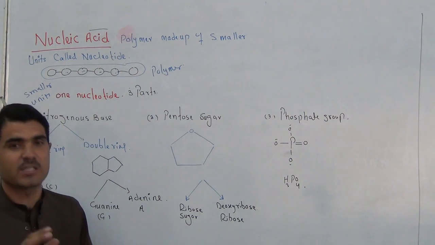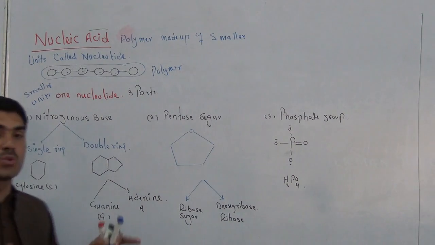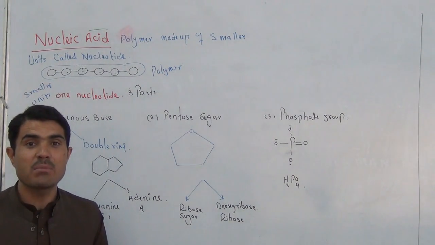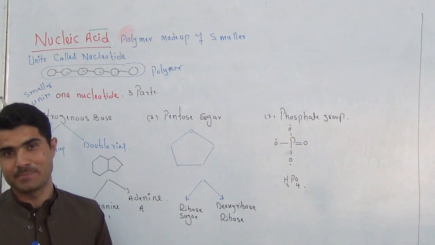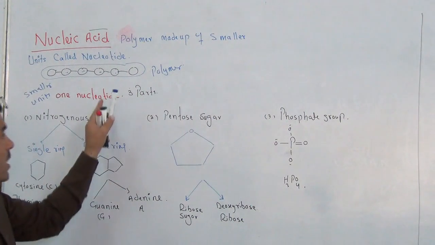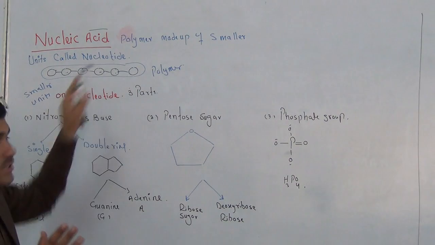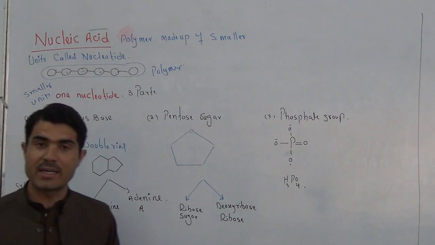So this is very special to know about these smaller units. So what is the name of these smaller units? The name of each unit is called a nucleotide, right? Many nucleotides combine to form nucleic acid.